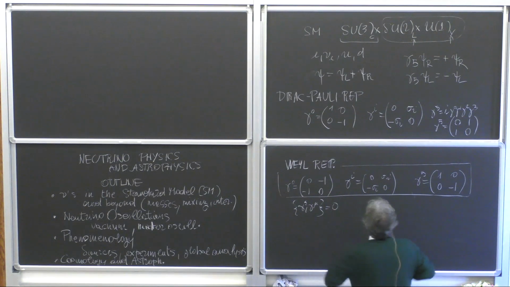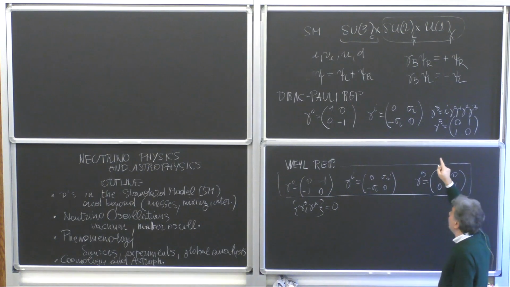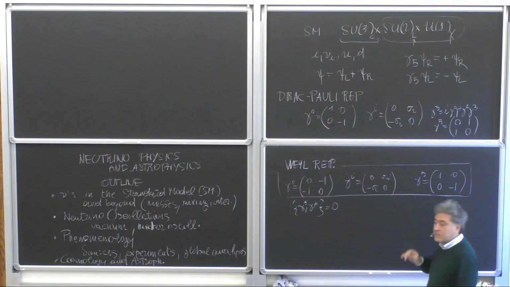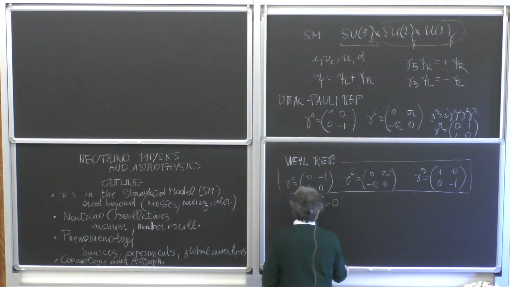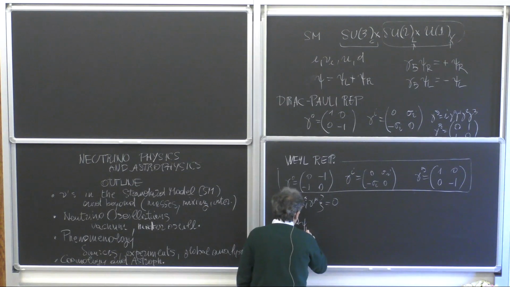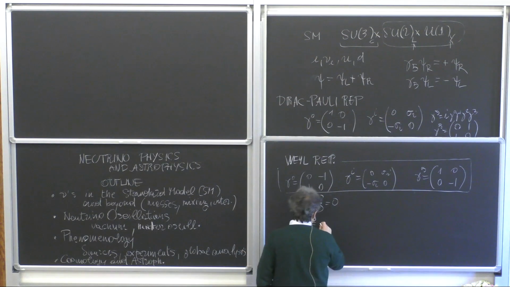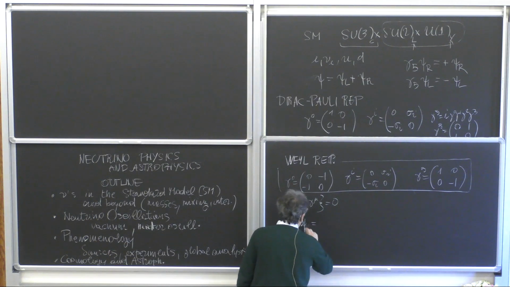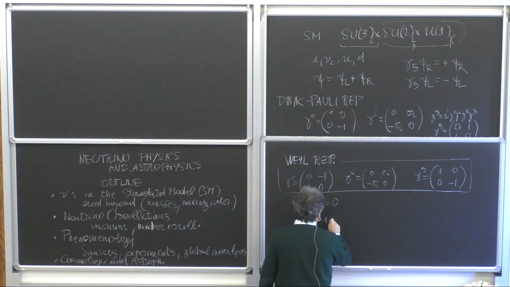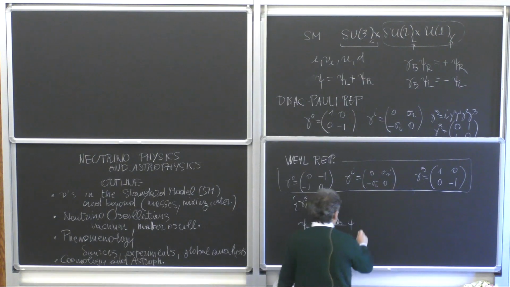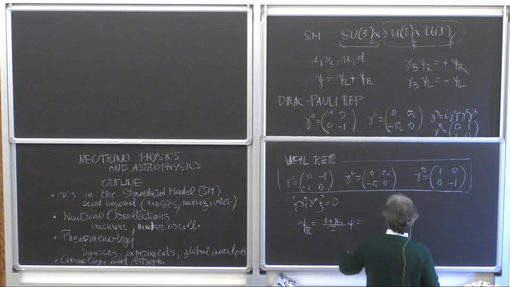Now, if we go back to the right and left parts of a Dirac spinor and define psi_R, psi_L as (1 plus or minus gamma 5) divided by 2 times psi, let's see what this is.